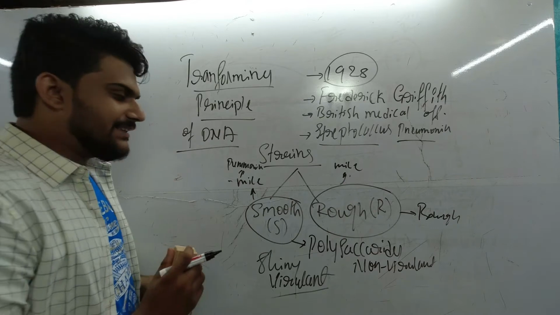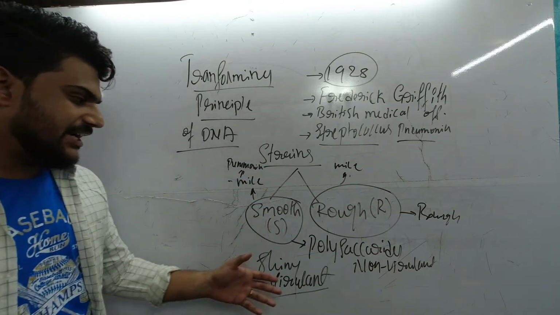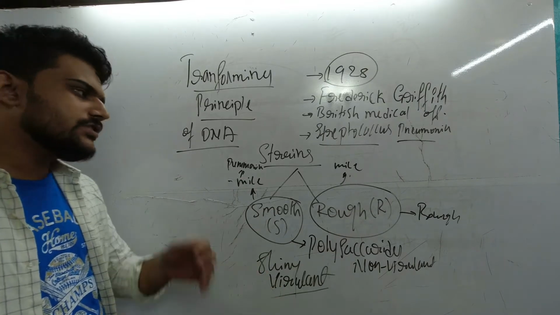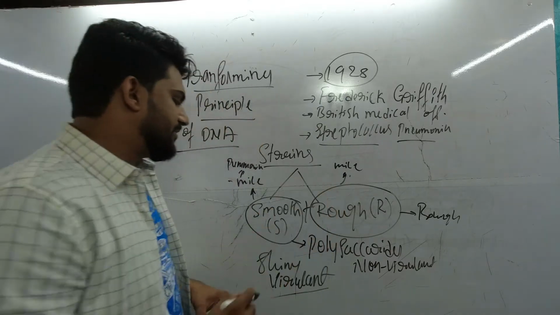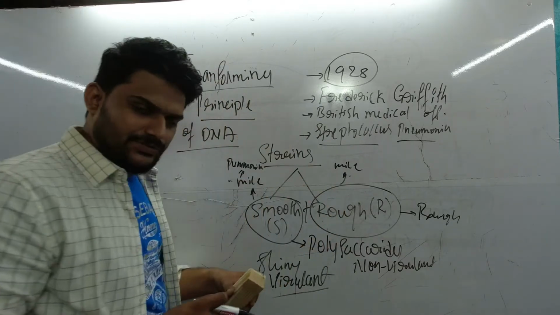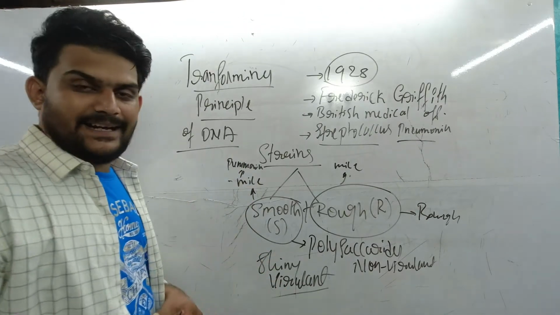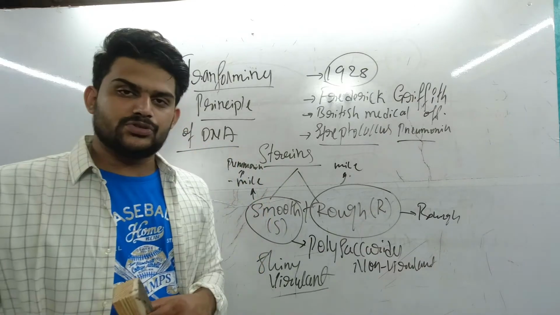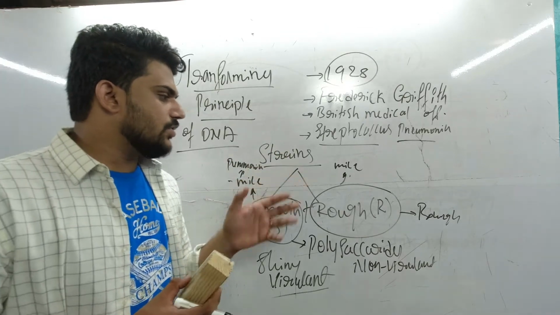Now he learned that only because of the presence of the shiny polysaccharide coat, the smooth strain acted as virulent. Then he tried again, mixing both of the strains and injecting them into the mice. A few of the mice caught pneumonia because of the smooth strain ones. So this was confirmed.